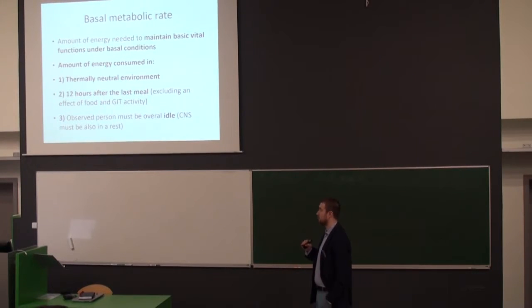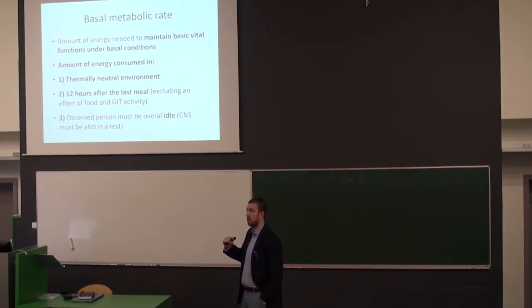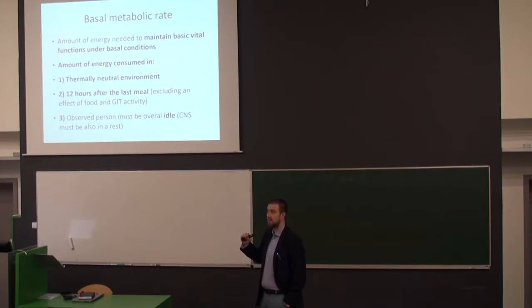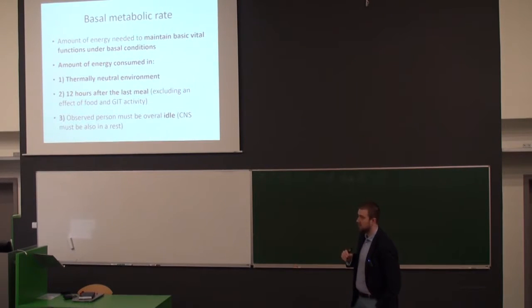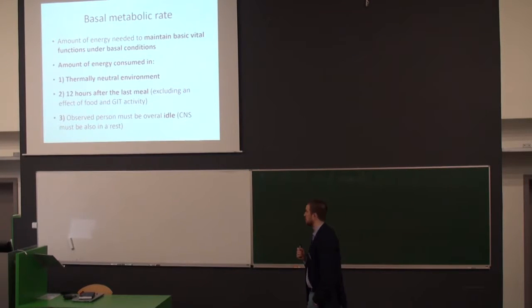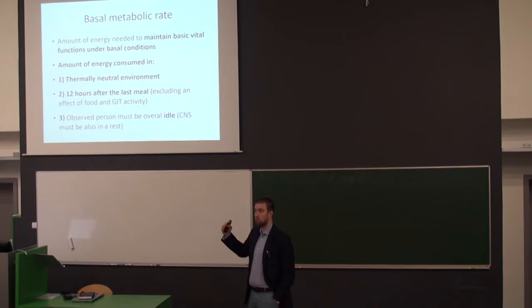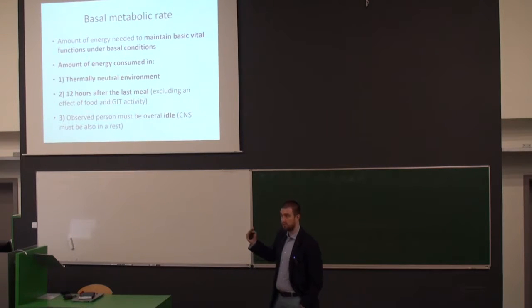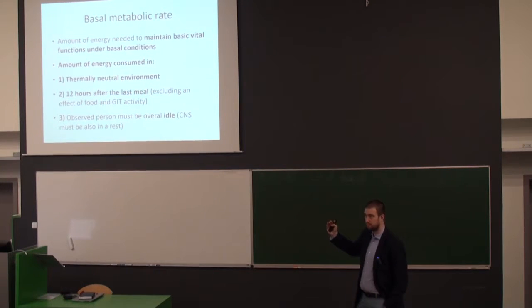And if you want to measure it, then we have the standard procedure for how to measure these basal conditions and this basal metabolic rate. That means that the person must be in a thermally neutral environment. Of course, if you go to low temperature, it will be stress for your body, and your basal metabolic rate will be quicker.